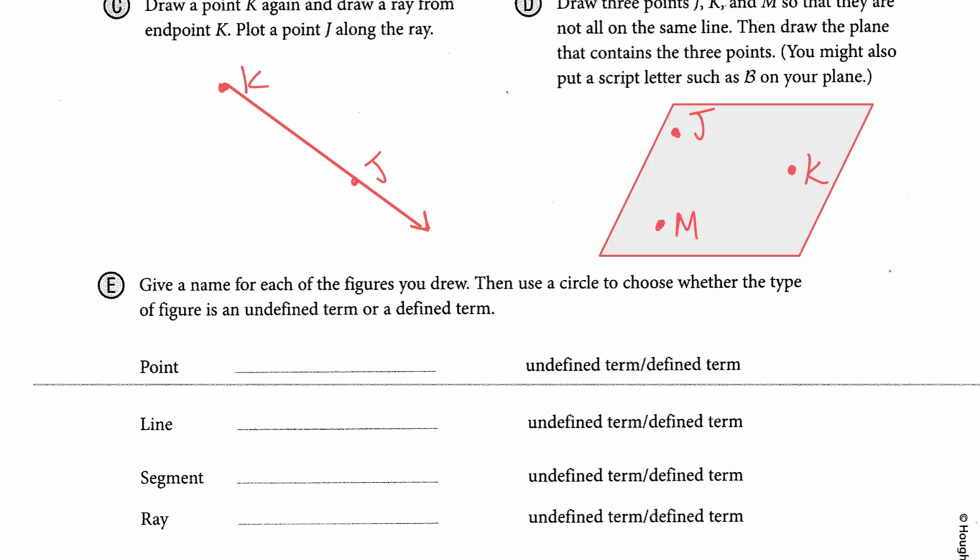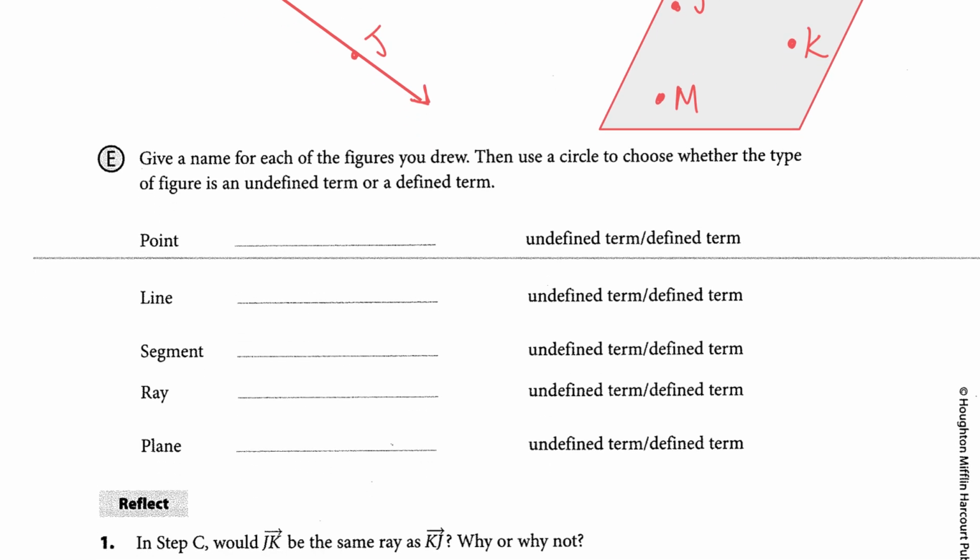Give a name for each figure you drew. Then use a circle to choose whether the type of figure is an undefined term or a defined term. So we had points J, K, and M, and those are undefined terms. They are the building blocks for other terms. We have line JK, and it is also an undefined term.